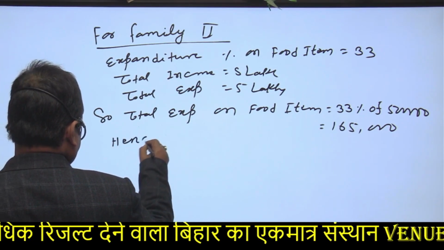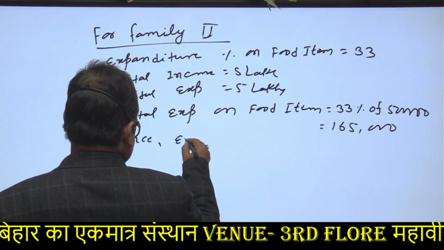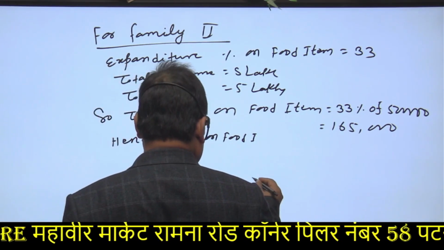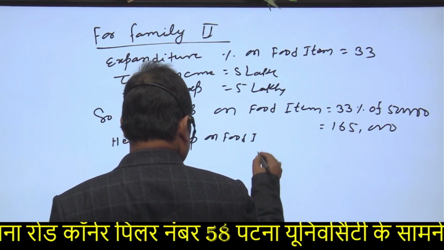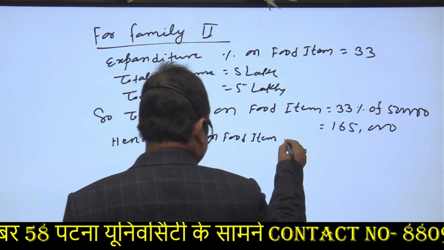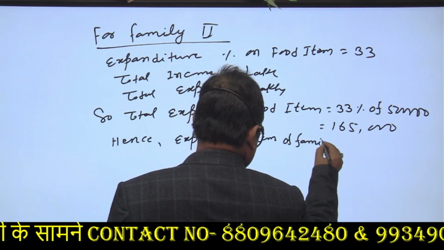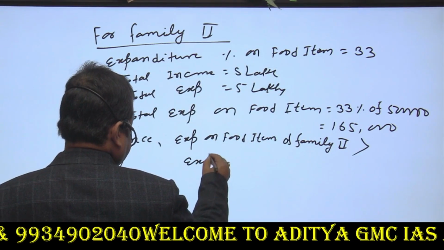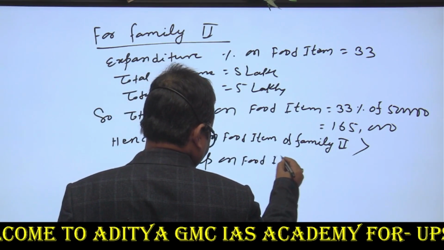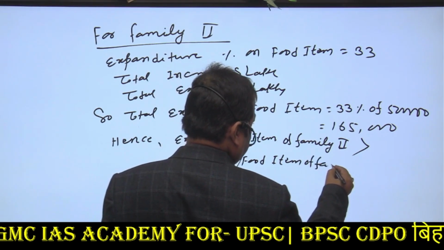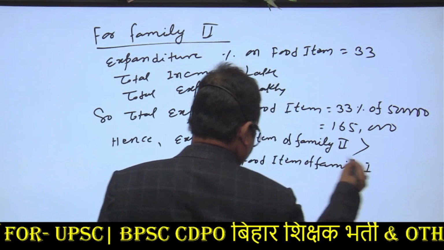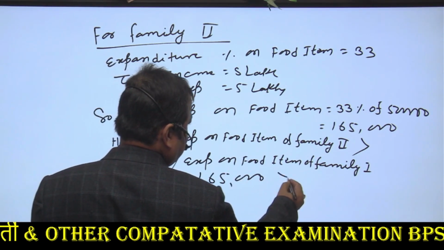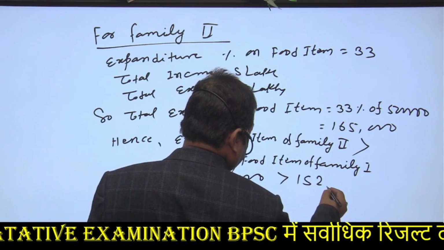Hence, expenditure on food item of family 2 is greater than expenditure on food item of family 1, means 165,000 is greater than 152,000.